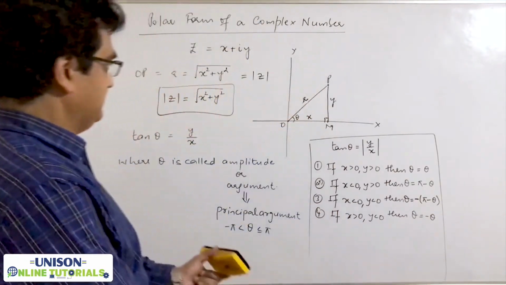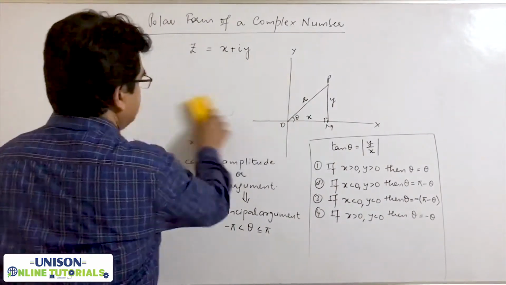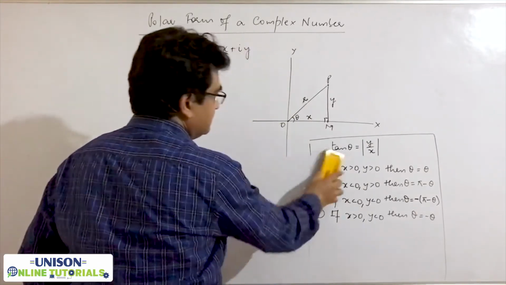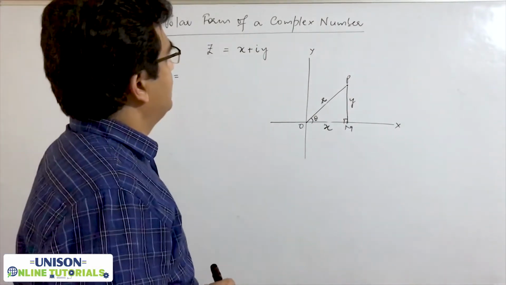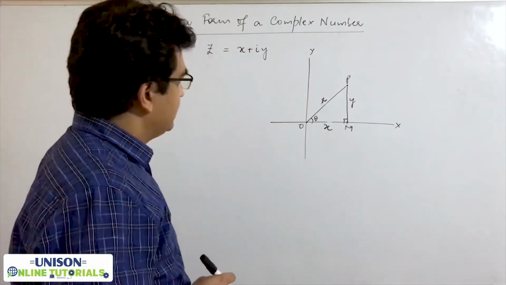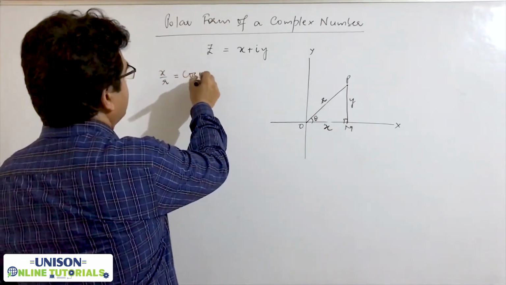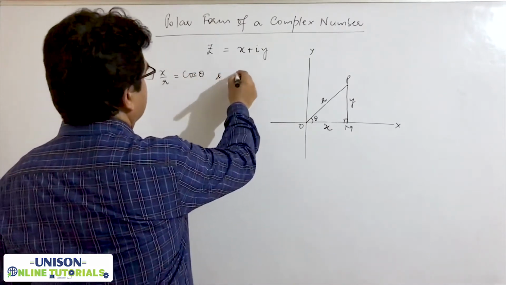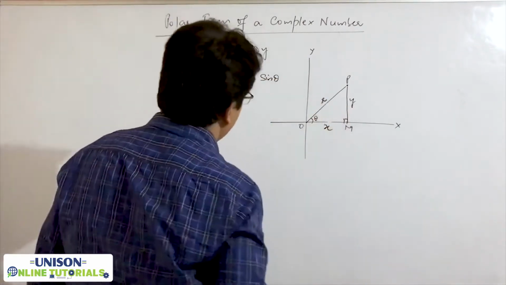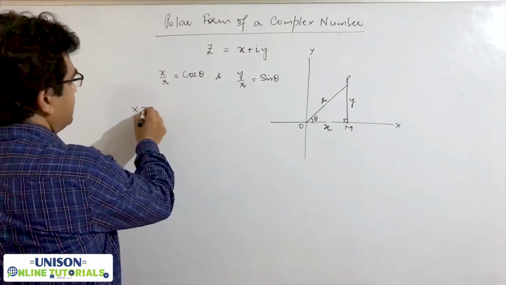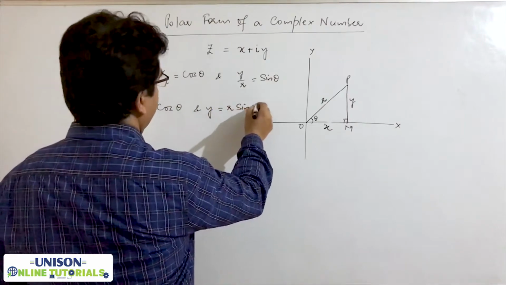Now let's write this complex number in the polar form, that is trigonometric form. x upon r will be equal to cos theta, and y by r is equal to sin theta, perpendicular upon hypotenuse. So x is equal to r cos theta and y is equal to r sin theta.